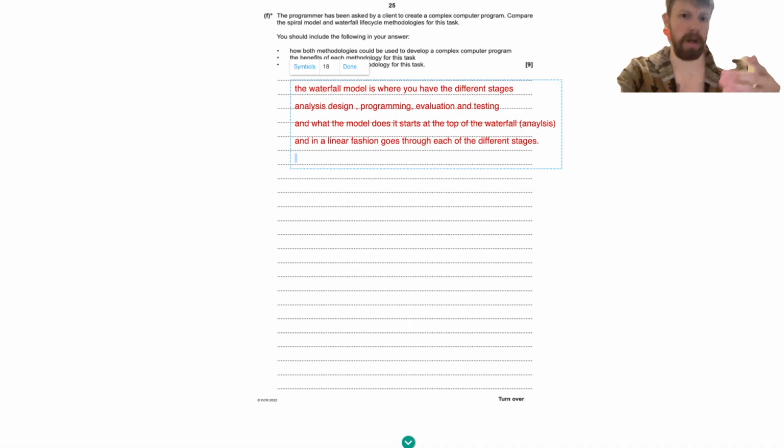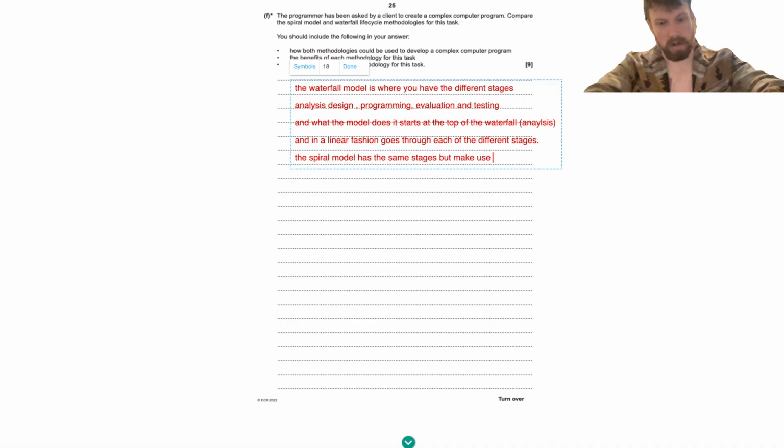So I'm just going to outline that I know what the waterfall model is, and then what I'm going to do is I'm going to talk about the spiral model. The spiral model has the same stages, but makes use of prototypes throughout development.